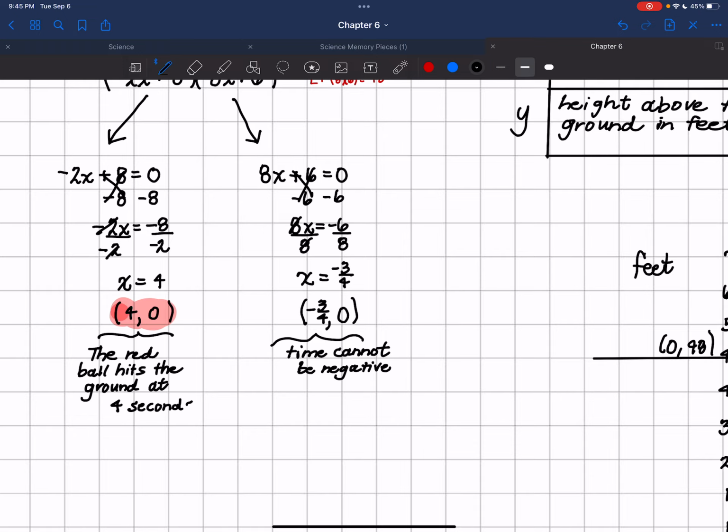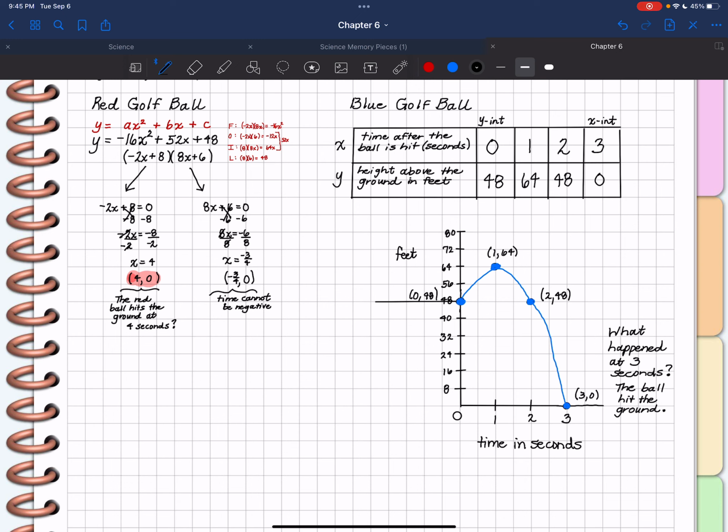Was it the red one or the blue one? Well, the blue one hit the ground at 3 seconds. It got there first. So the answer to that question is that the blue golf ball reached the ground first. I would rather deal with the table and the graph any day on this type of problem.